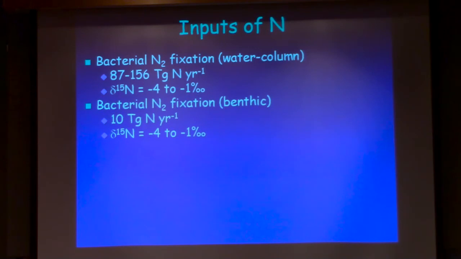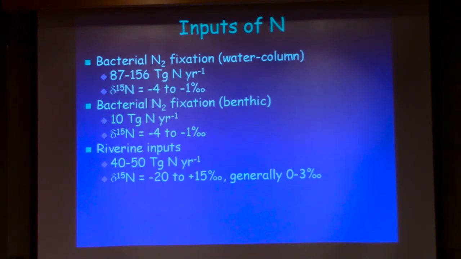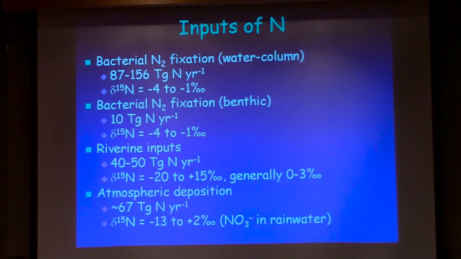We also have inputs through rivers, 40 to about 50 teragrams nitrogen per year. The isotopic composition is poorly constrained, and it's variable depending on where that nitrogen's coming from. But generally it's thought to be about 0 to 3 per mil. Atmospheric deposition is increasing, but is about 70 teragrams per year. It may be higher in some regions.